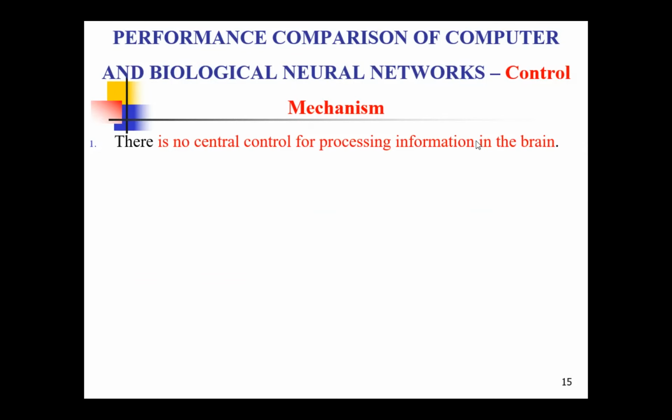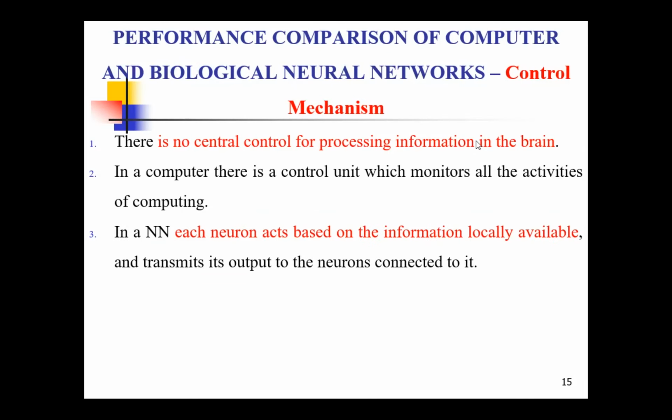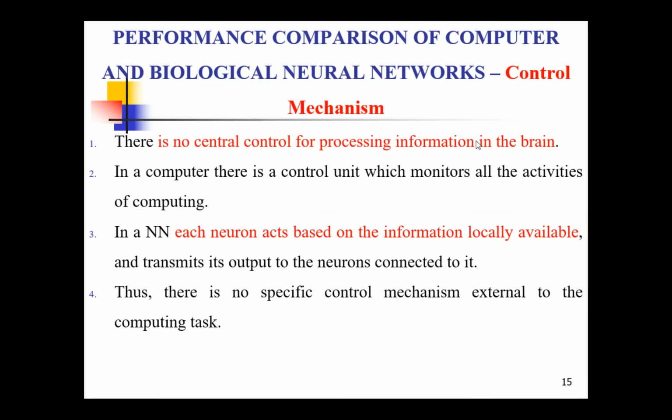But a computer system has a central processing unit, which monitors the activities of the computing. In neural networks, the neurons act as the central processing unit, acting based on the information available locally and transmitting it to the next neurons. So there is no specific control mechanism in the case of biological neurons.